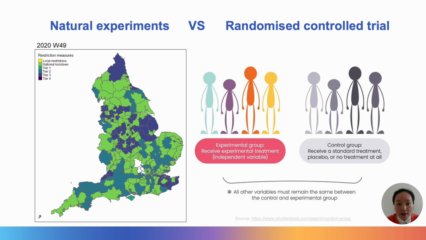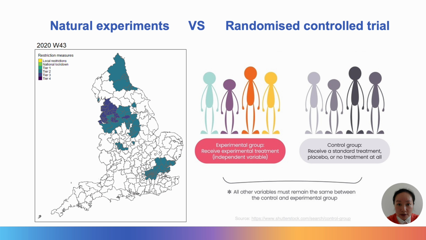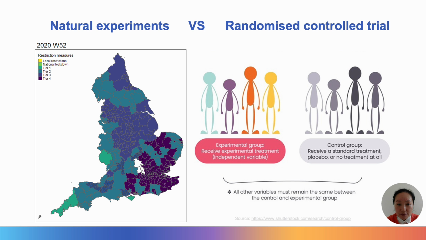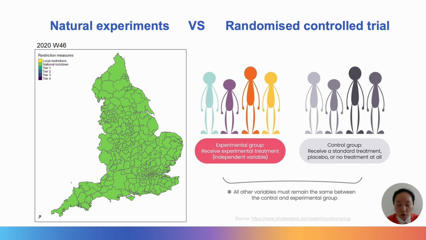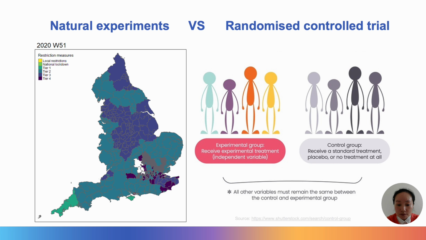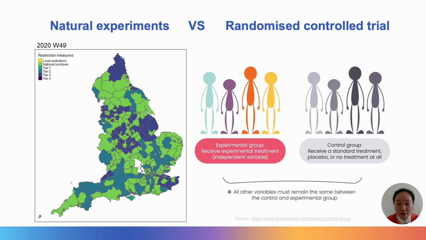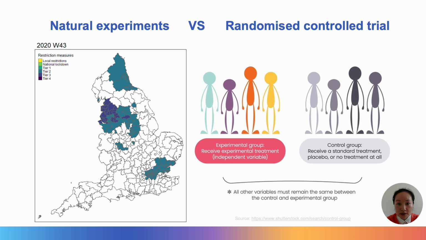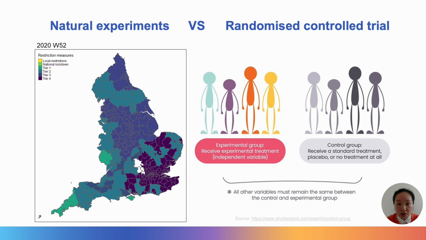As you can see on the left-hand side, the animated map shows the policy changes during the early stages of the pandemic, from national lockdowns to different tiers of restriction measures. Policy changes can be very dynamic and, most importantly, they are not controlled or deployed by researchers.